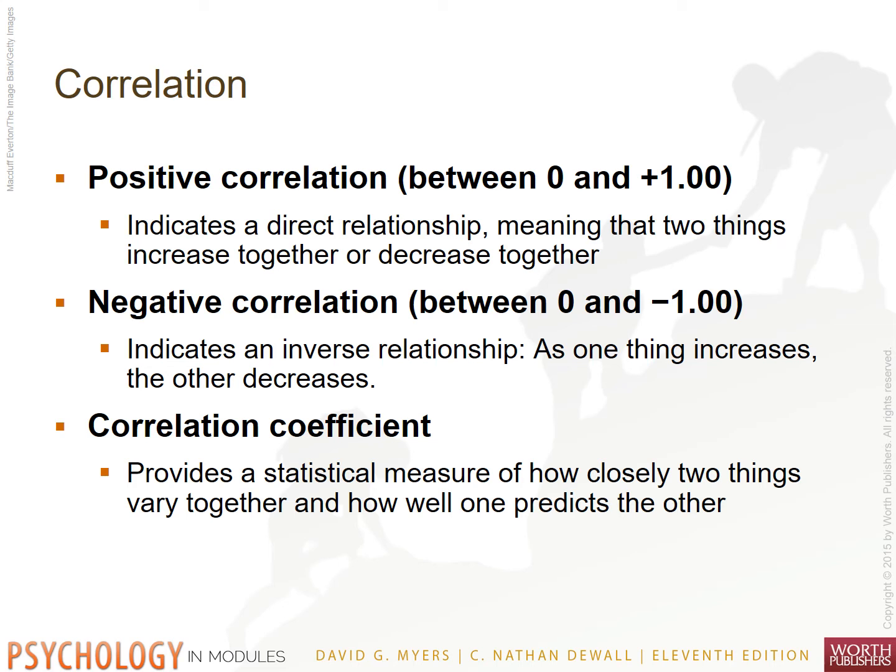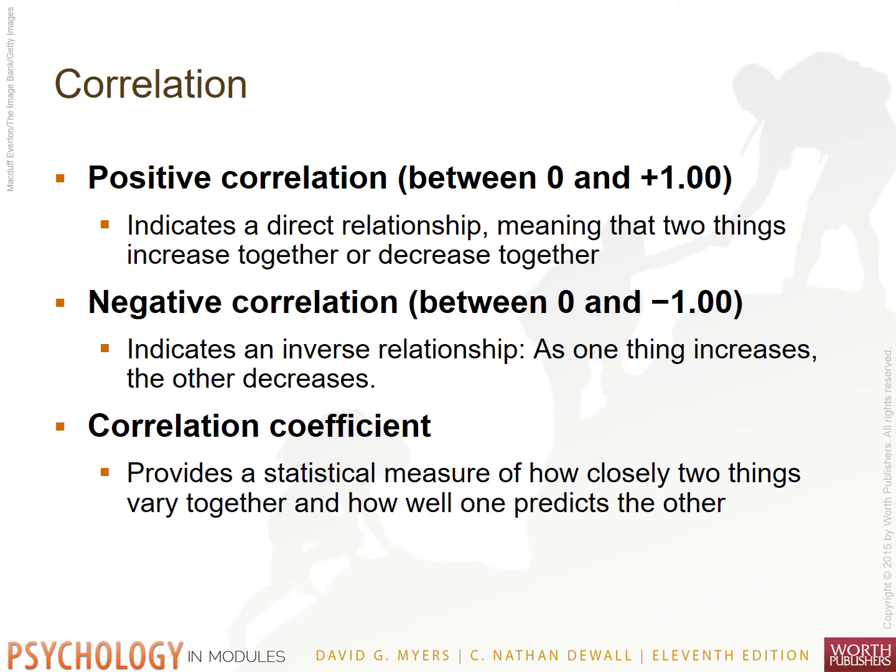So that's a negative correlation. As social media usage increases, time spent on academically oriented activities decreases. They're going in the opposite direction. So positive correlation, two things go in the same direction. Negative correlation, two things go in opposite directions.